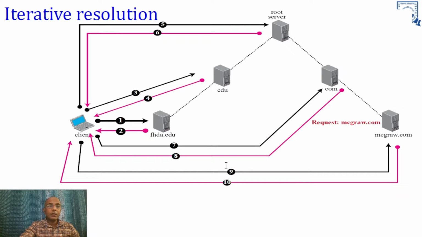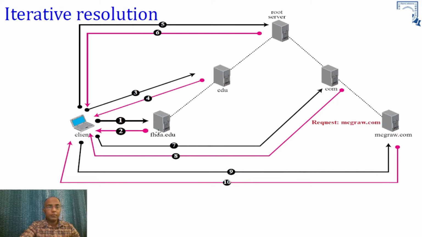The second one is iterative resolution. What is iterative? The client itself is responsible for all the queries. It won't be recursively forwarded to all the other systems. For example, the client first forwards the request to fhda.edu.